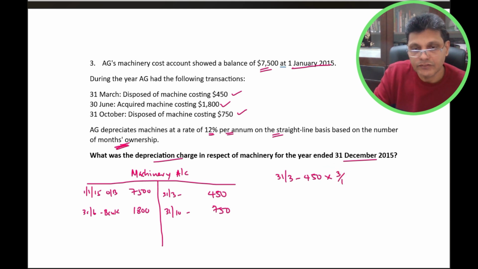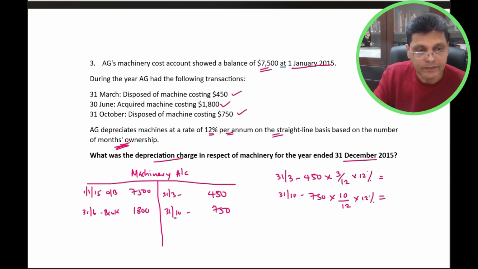So therefore this has to be calculated for 3 months at the rate of 12%. Then if you take this particular asset 750, sold 31st October, this asset was held for how many months? 10 months. So therefore for 10 months you need to depreciate this particular asset.